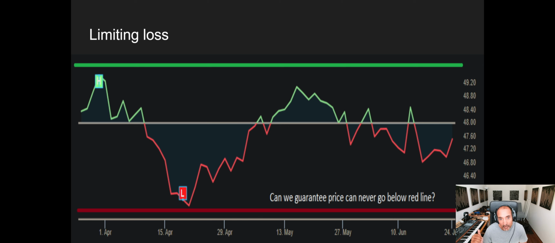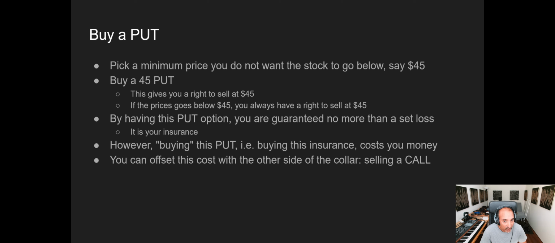In other words, we want a guarantee that we can always sell at the price of this red line. If you've done anything with options, you should recognize that this is what's called buying a put, in other words, buying a right to sell at a certain price. So we can do this.